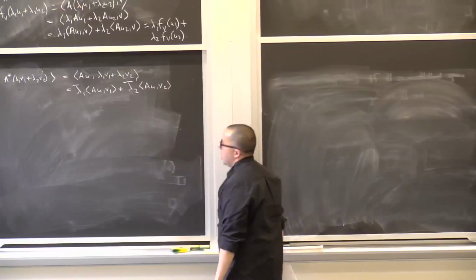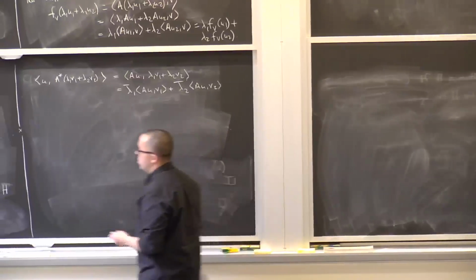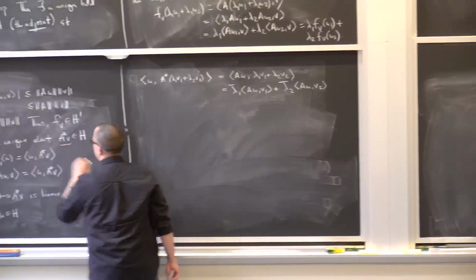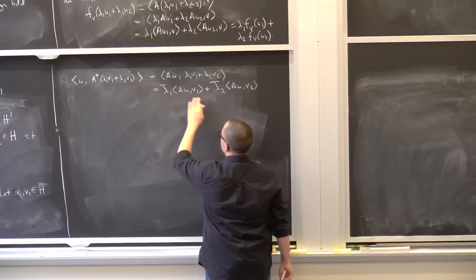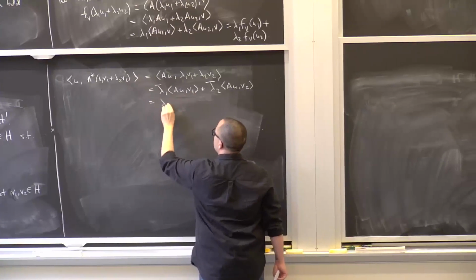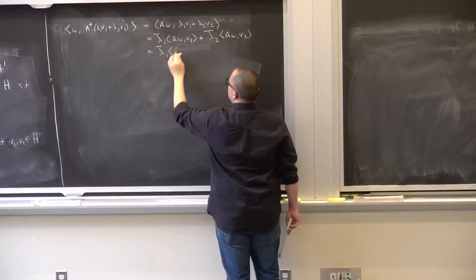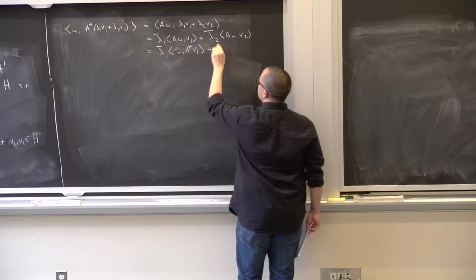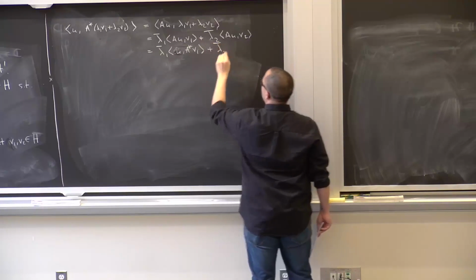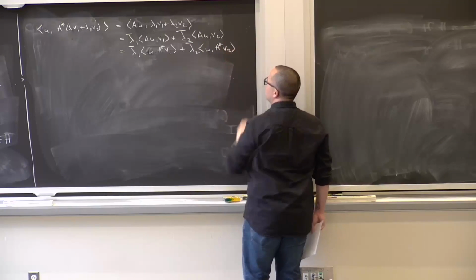Now, how A star is defined is that this quantity is equal to lambda 1 bar (u, A star v1) plus lambda 2 bar (u, A star v2).